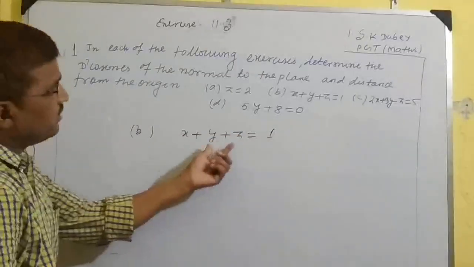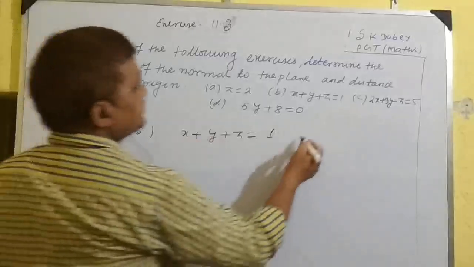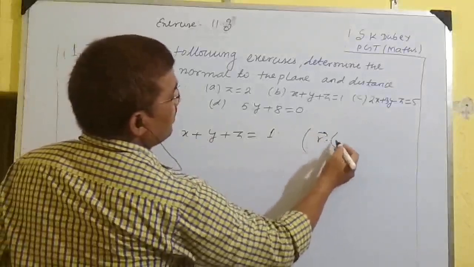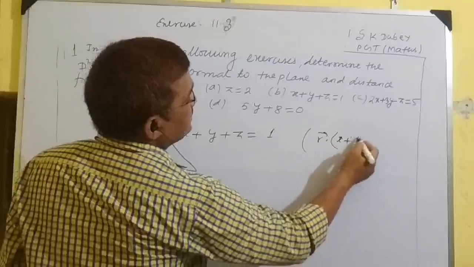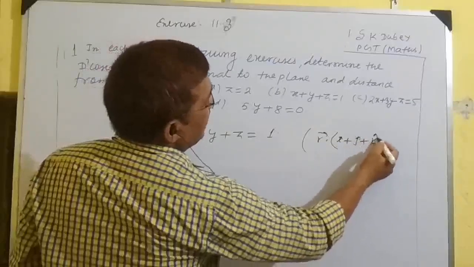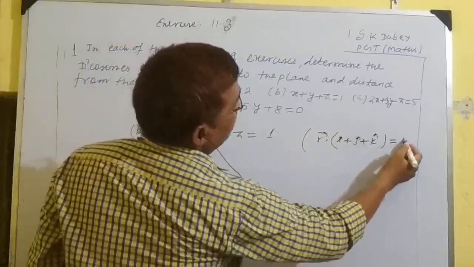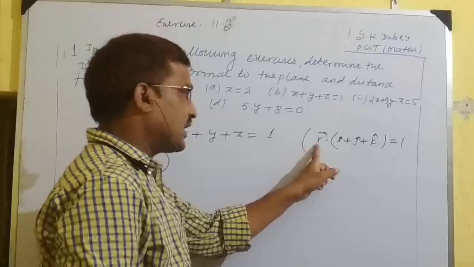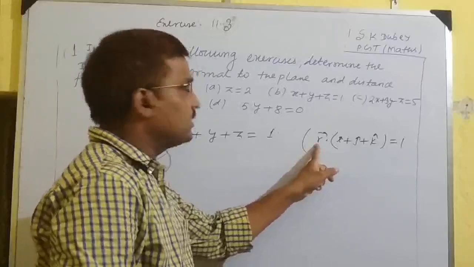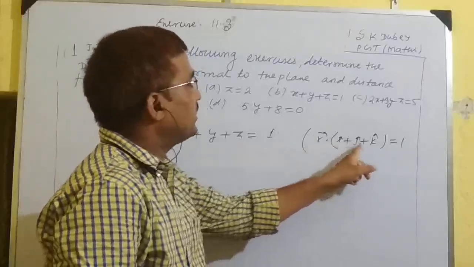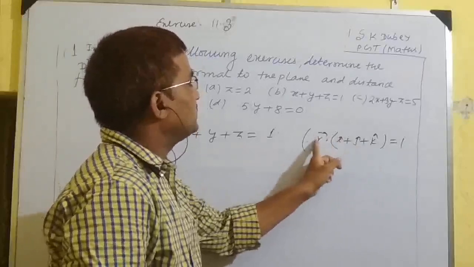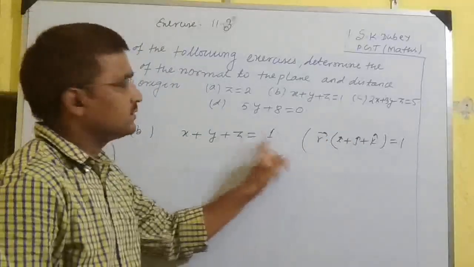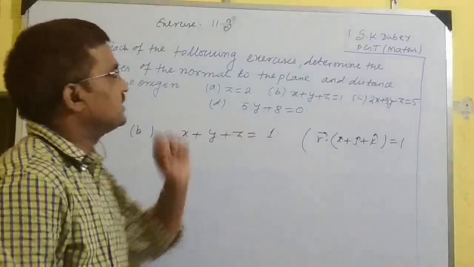If we write the vector equation of this plane, it will be r dot (i cap plus j cap plus k cap) is equal to 1. If we put r vector is equal to xi plus yj plus zk and take dot product of this vector to this vector, we will get this result, x plus y plus z.